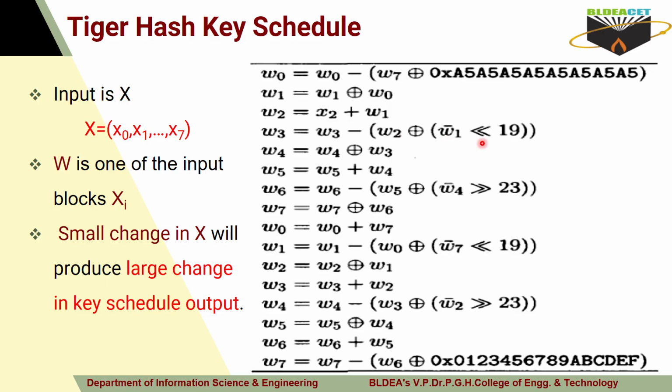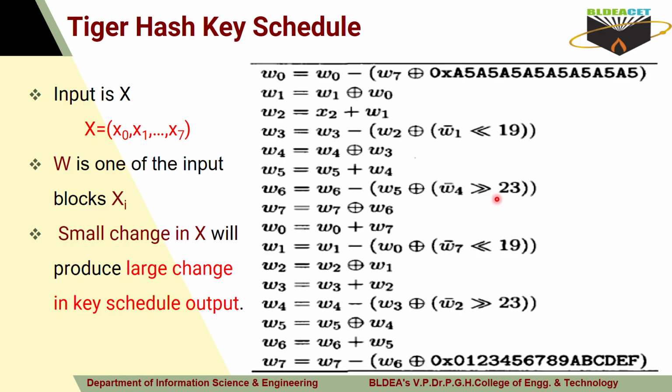And on those bits you once again use the left shift operation here. How many bits are you shifting now? 19 bits you are shifting. After shifting that, what result do you get? That result is XORed with W2 and subtracted from W3, then you get the result as W3, and this W3 you use as a key. In the same way for W6, Wi XOR with the complement of W4, and it is right shifted here.